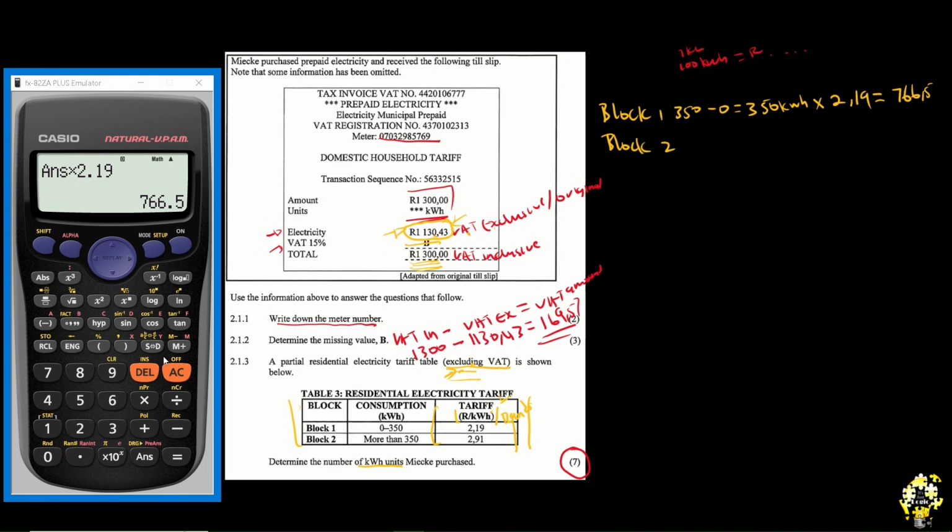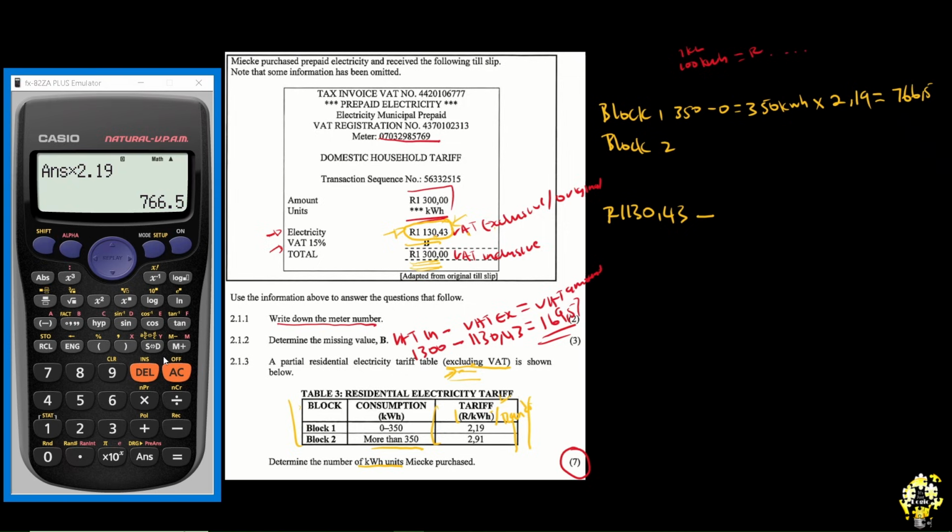Block number 2. Block number 2 says, now I want you to pay attention here, more than 350. There is no way we can know which number we are supposed to use there. So what are we supposed to do? We are going to write this here, somewhere here. I'm going to take the amount which I was given, which is 1130.43.